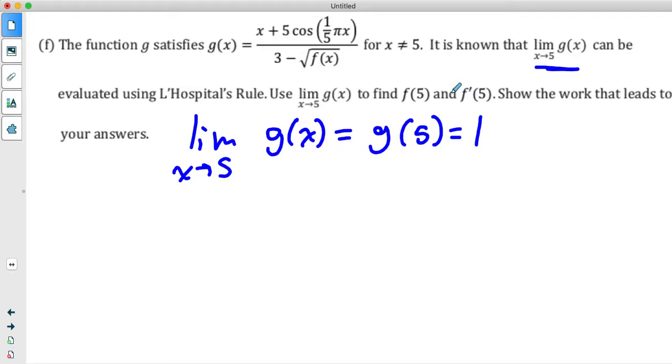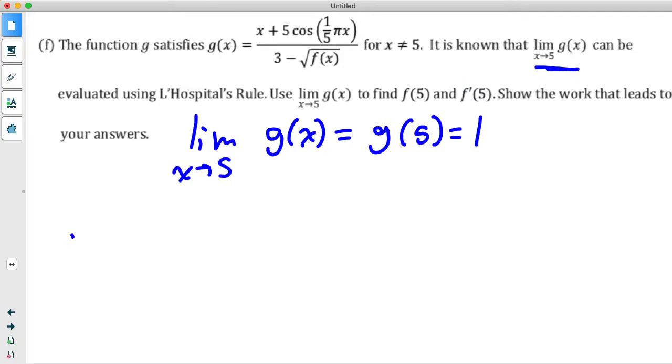Okay, so first of all, let's go through and find f of 5. Again, because this says using L'Hopital's rule, that tells us that if we take the limit of this, we would either be left with 0 over 0 or infinity over infinity.